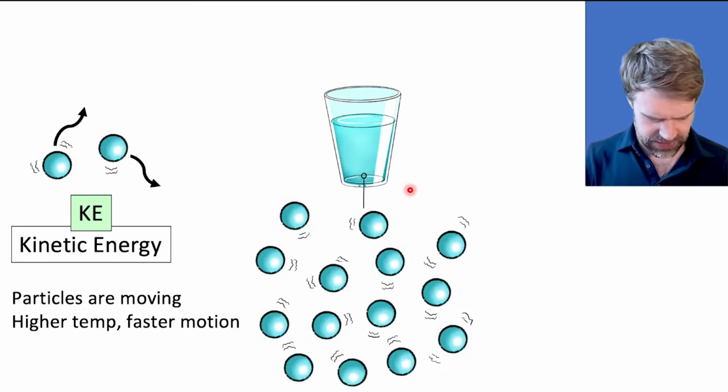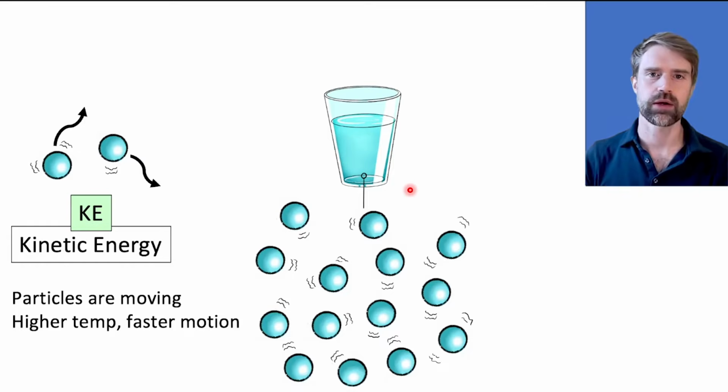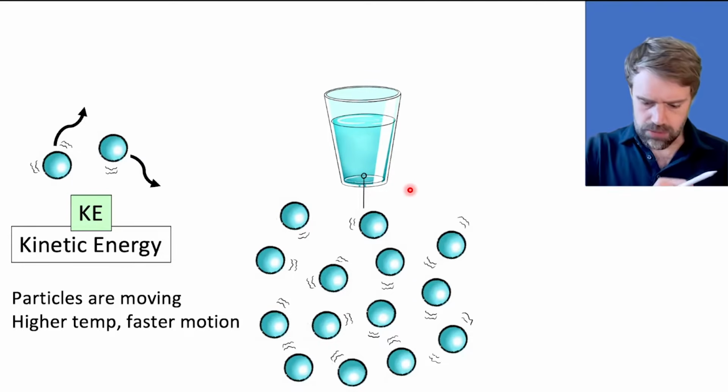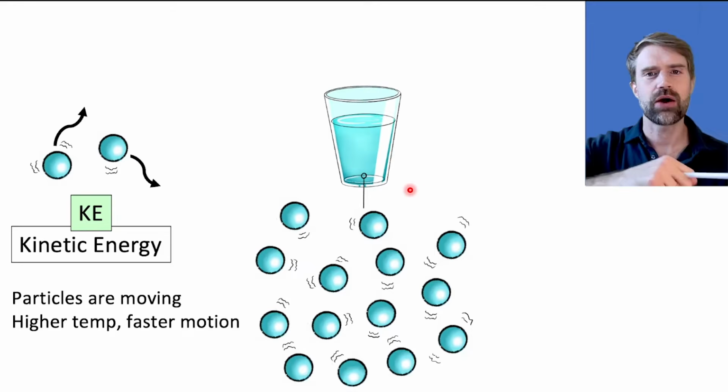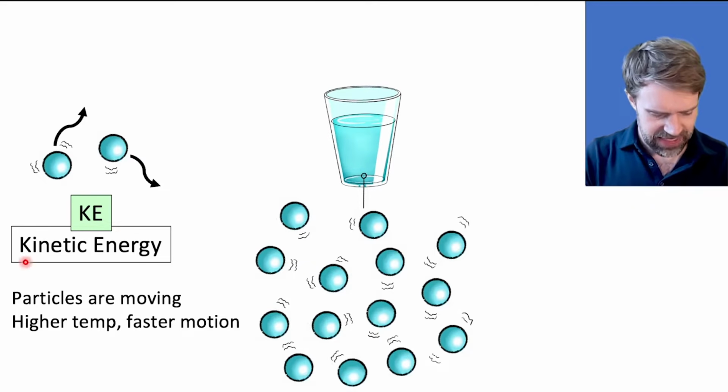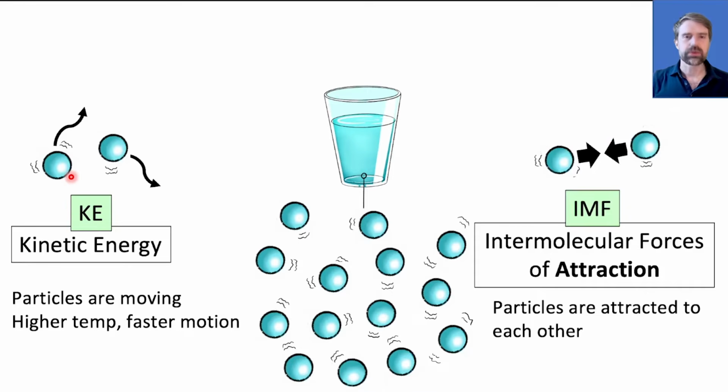If we could zoom in on a glass of water, we'd see the particles of water. We'd see that they're moving around each other. They're kind of wiggling in place, kind of swimming around and past each other. They have kinetic energy. But there's another force at play besides the kinetic energy. See, all particles are attracted to each other.